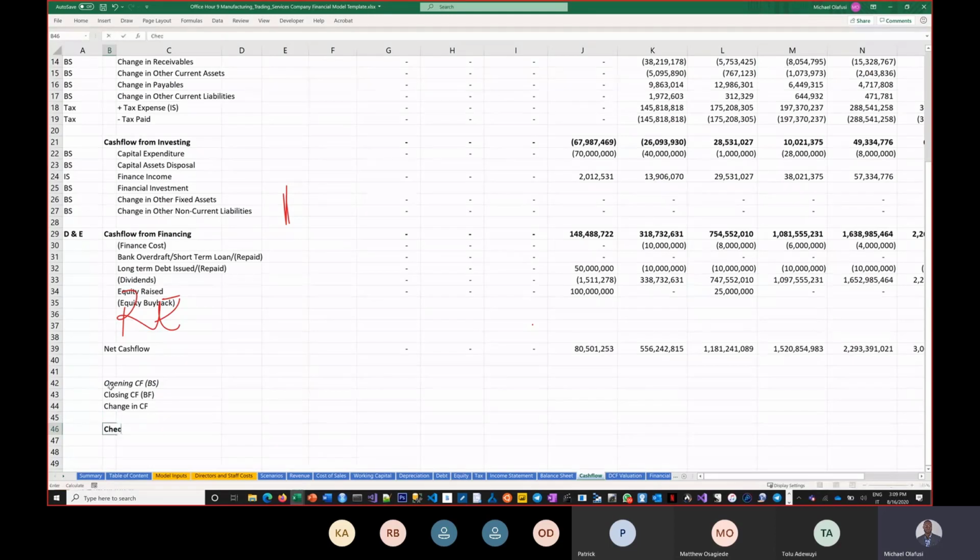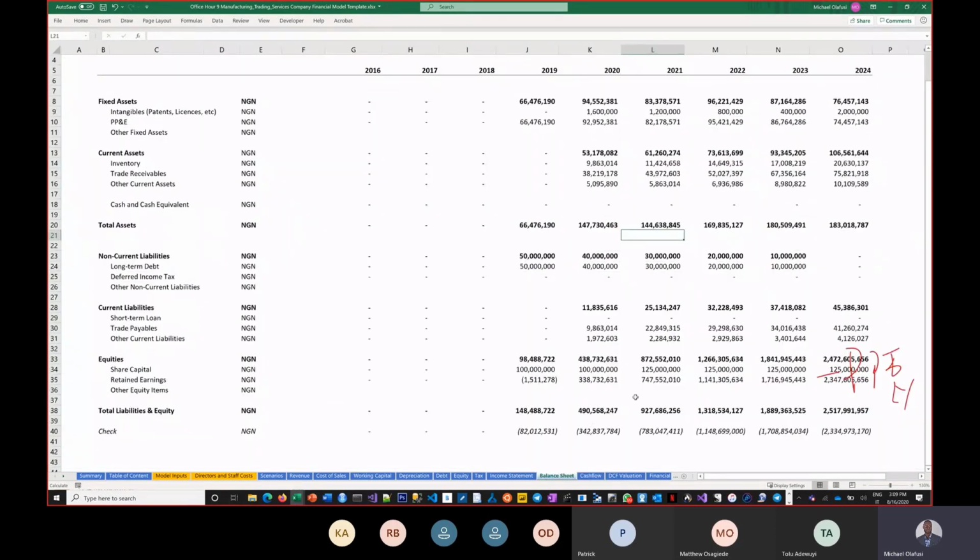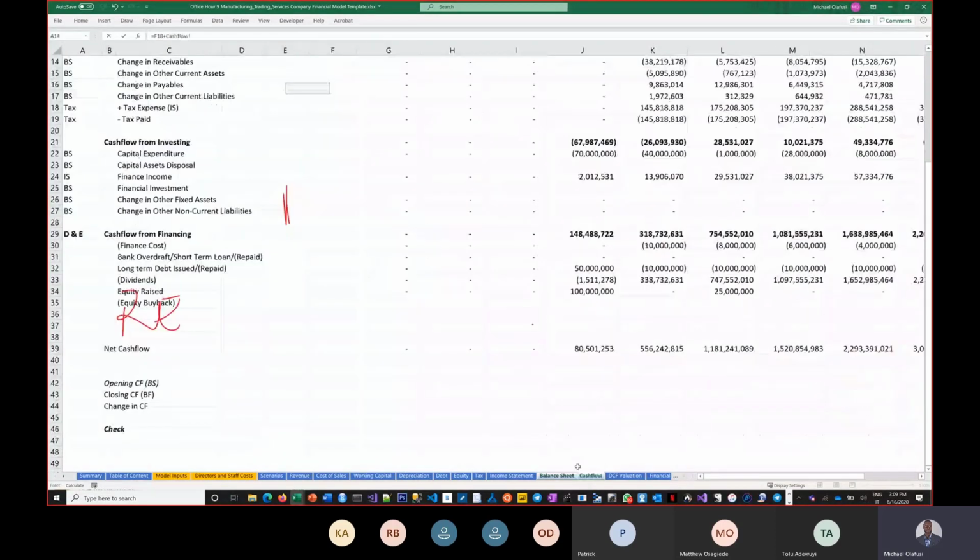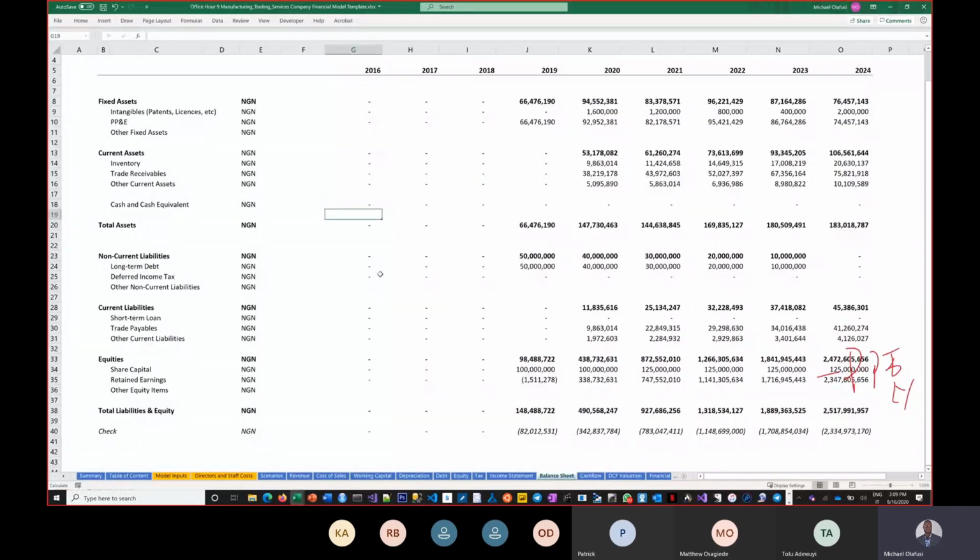So you can do a check. Is the change the same as ours? All right, so normally you will have completed this one, because the cash flow balances needs to be used to balance the balance sheet anyway. So let's see if we have done this one correctly.